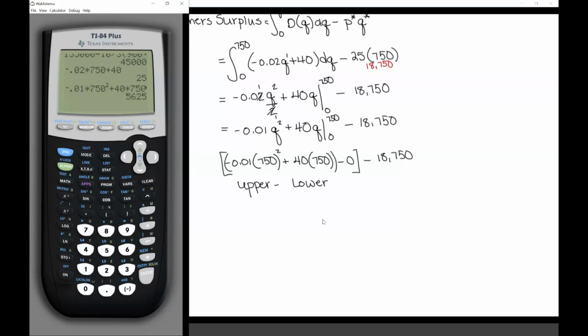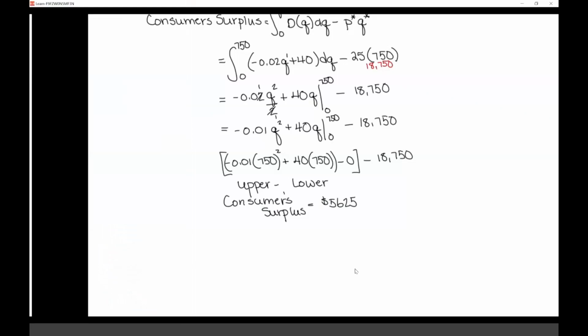And you can see I get a consumer surplus of $5,625. So again, the evaluation bit, just type it in on a calculator. Don't do it by hand.